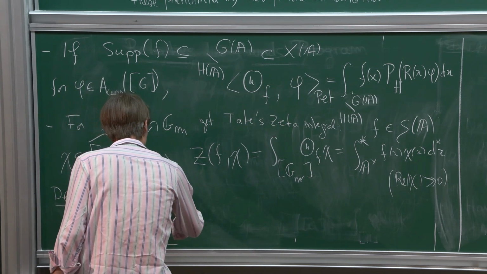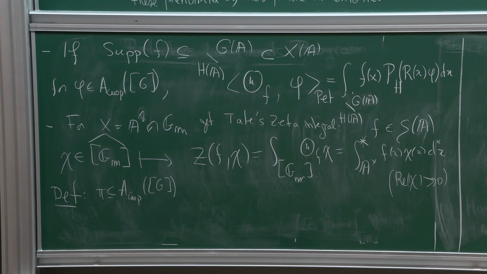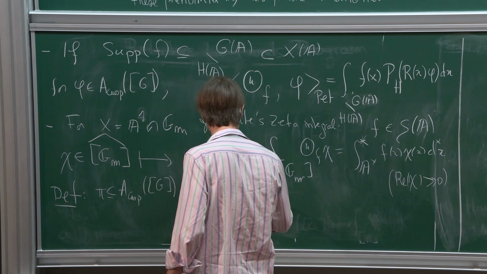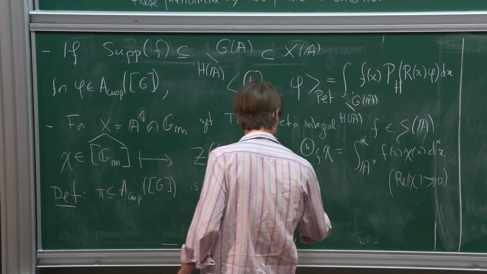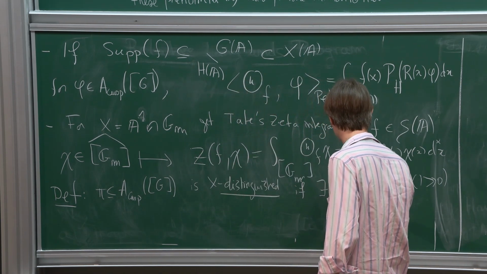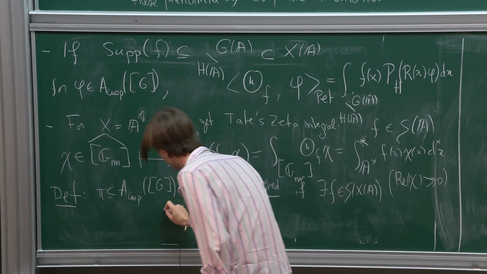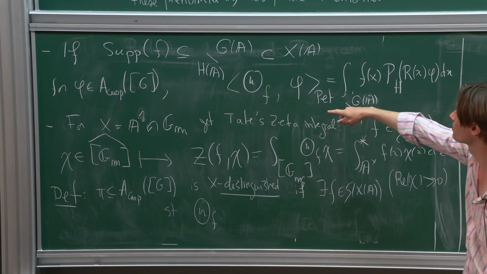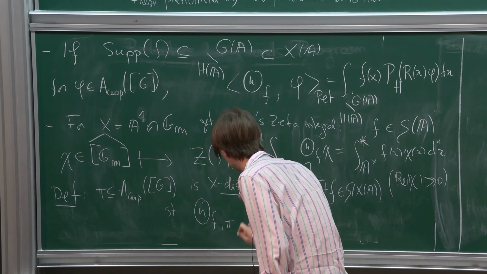Of the cuspidal spectrum of X. Namely, if you take π to be a cuspidal automorphic representation of G, we'll say that it's X-distinguished if there exists a Schwartz function f such that the theta series θ_f has a non-zero pairing with some cusp form in π, or equivalently, its orthogonal projection to π is non-zero.